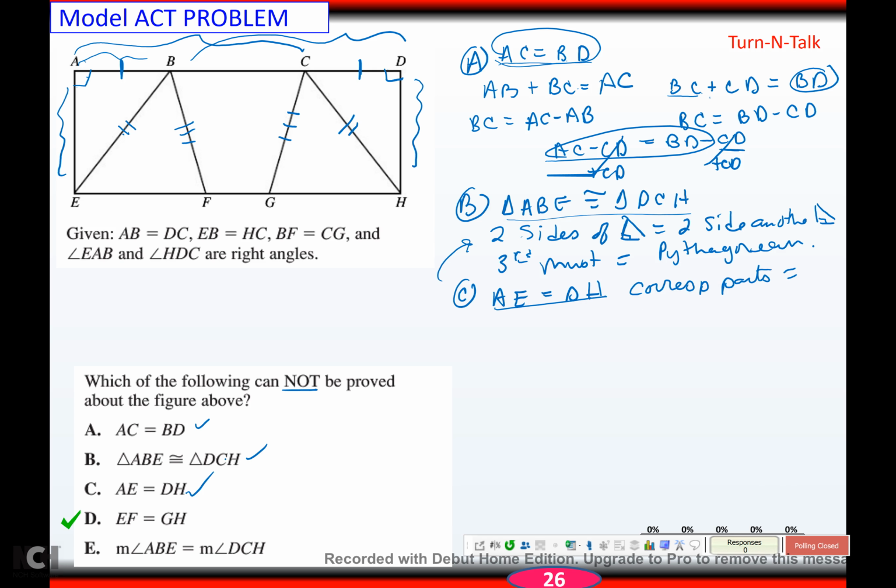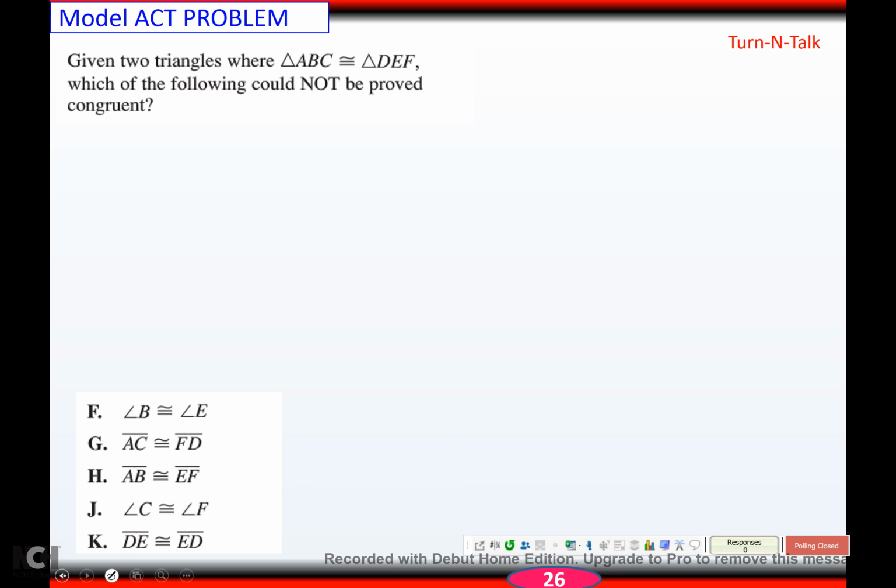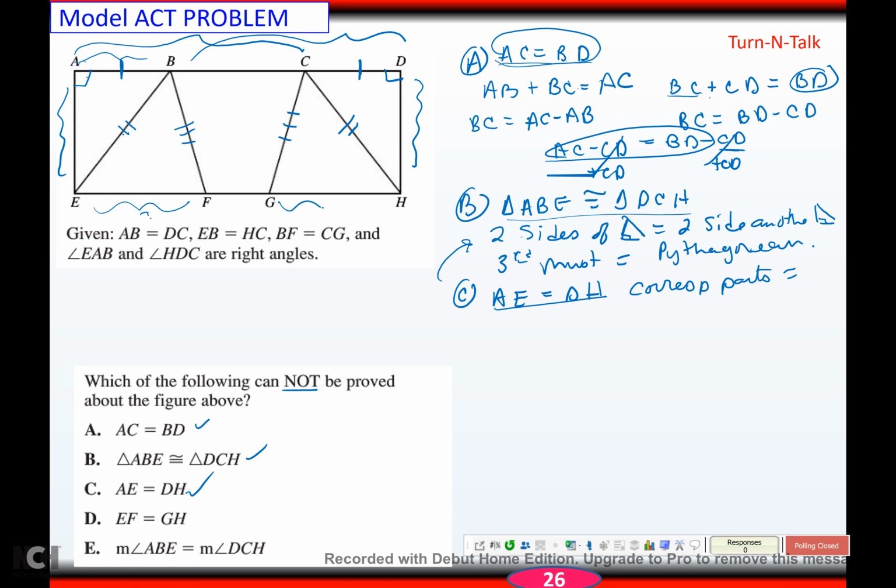Can I prove that EF is equal to GH? Well, no, I can't, because in order to prove those two are equal, I would have to know or prove that triangle EBF is congruent to triangle GCH.